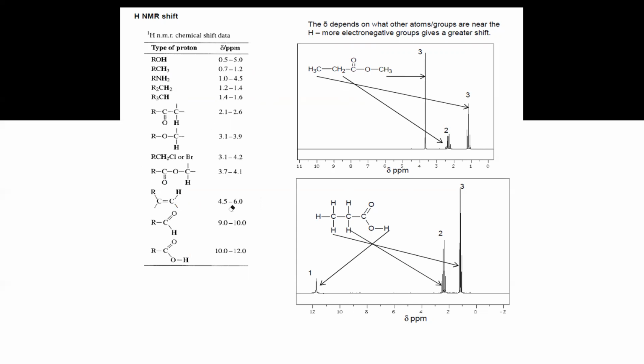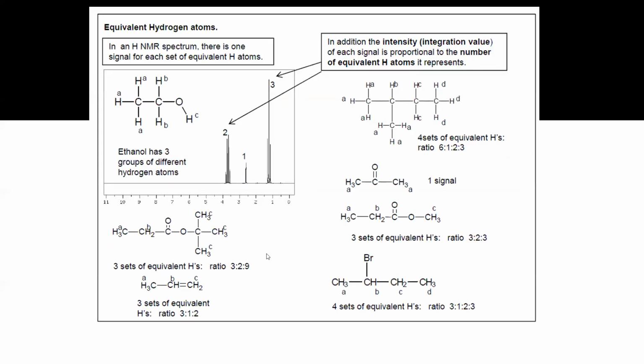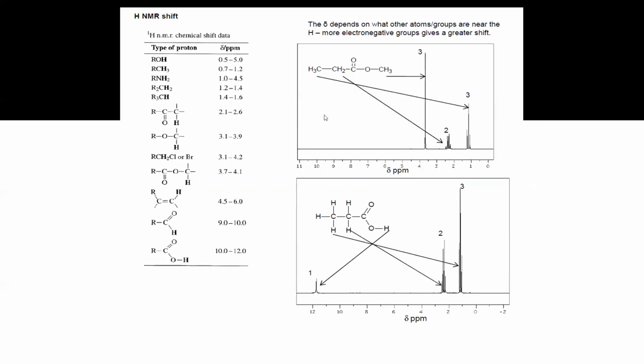So when we draw these peaks, we have CH3, CH, and CH2.